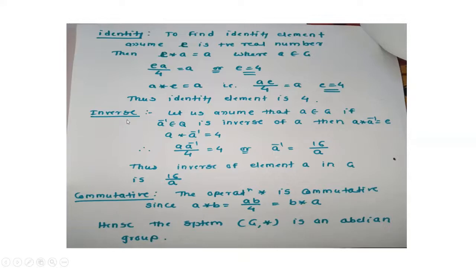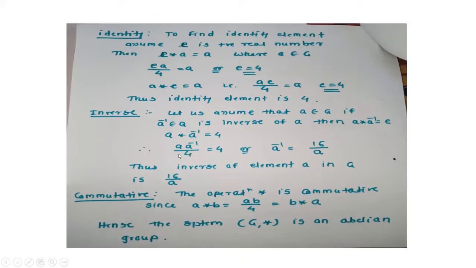For the inverse element, let us assume that A belongs to G. If A inverse is the inverse of A, then A star A inverse is equal to E. Whenever there is a star operation between A and A inverse, it is equal to the identity element, which in our case is 4. So A star A inverse is equal to 4.